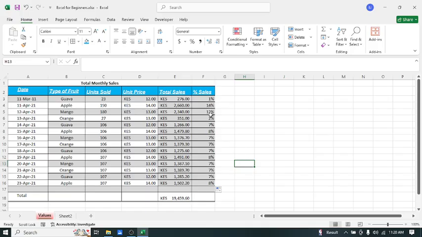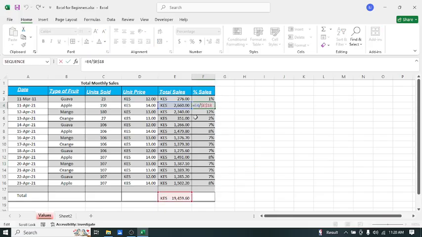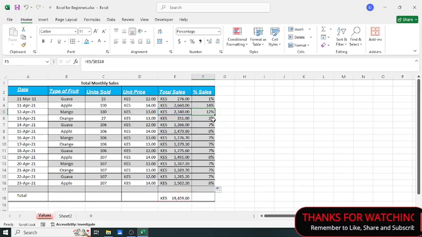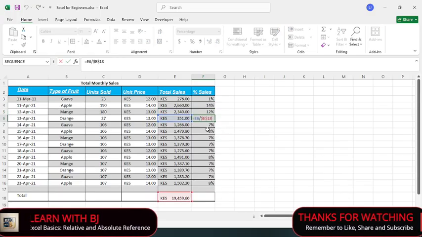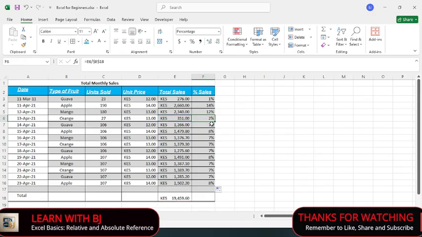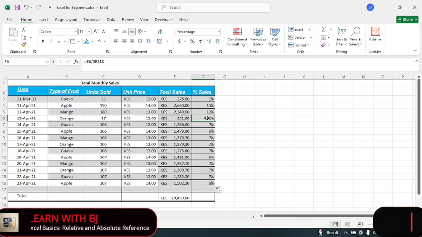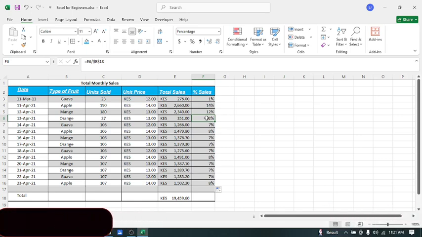So now when you check on the formulas, every cell here with the formula, you will see they are referencing E18. So E18 is based on absolute reference, and this other cell E6 is based on relative reference. So the formula is having both relative and absolute, so it has mixed reference.